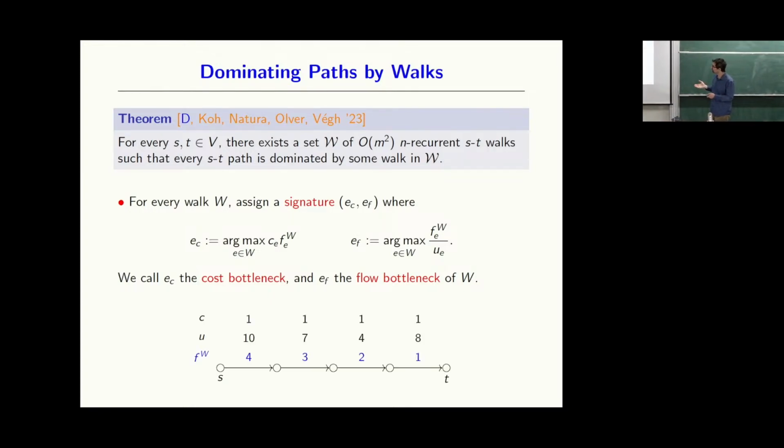So good. Here I guess you have one walk flow, and these are the capacities and these are the costs. This is the most expensive arc with respect to cost, and this is the arc that uses the largest fraction of capacity.